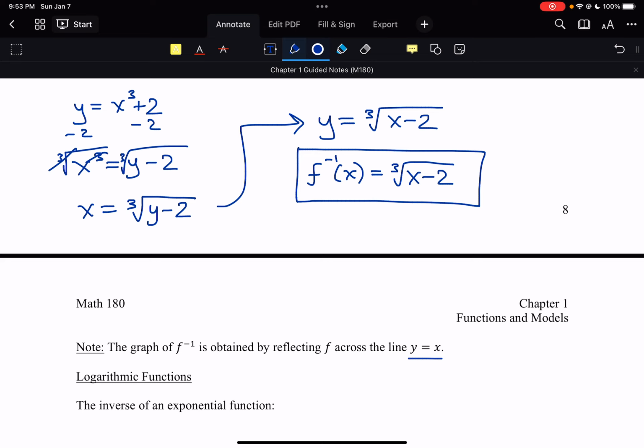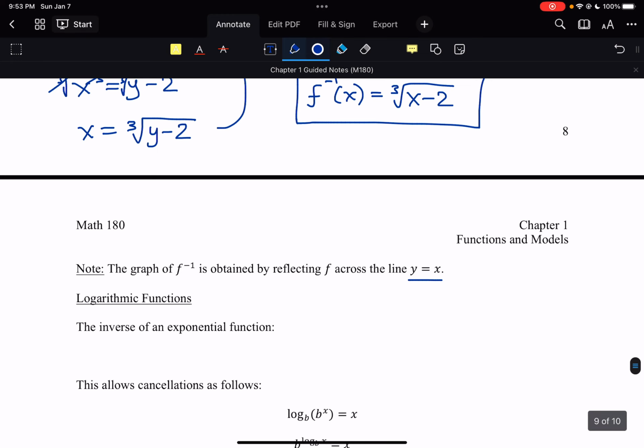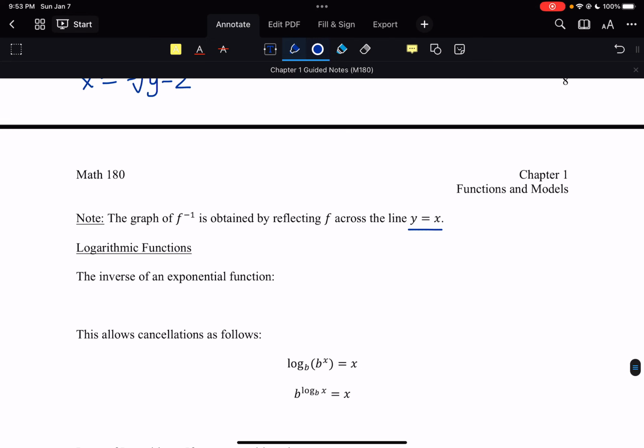Now, the most common use of inverse functions for our purposes here is going to be logarithmic functions, or log functions. Log functions are the inverse of an exponential function. So we say log base b of x equals y if and only if b to the y equals x.